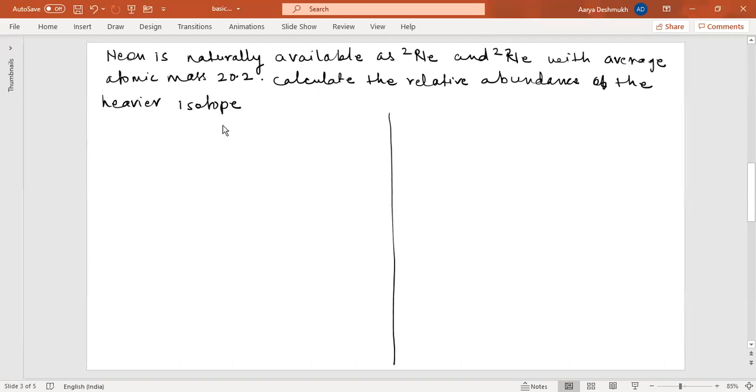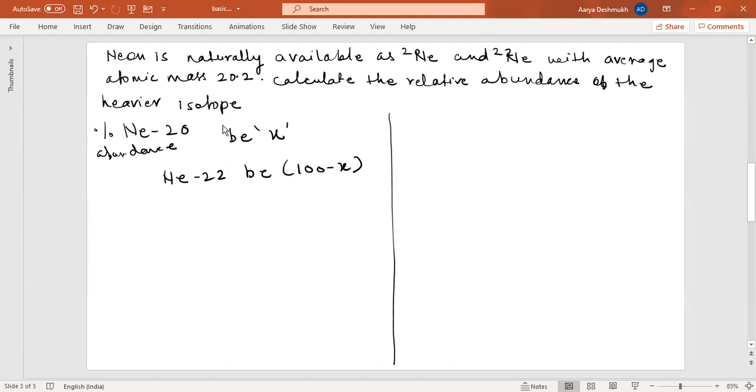Suppose the natural abundance of neon 20, this is the percentage abundance of this neon 20, is x, as we did in the earlier problem also. And neon 22, if you assume as 100 minus x. Okay.